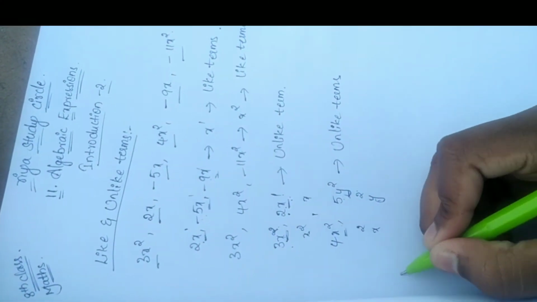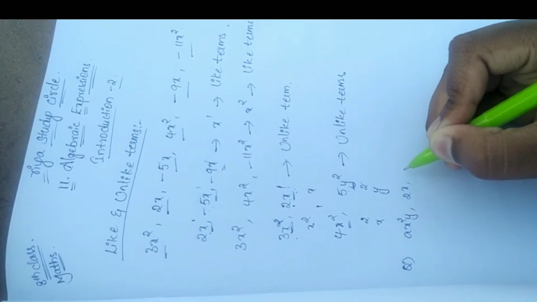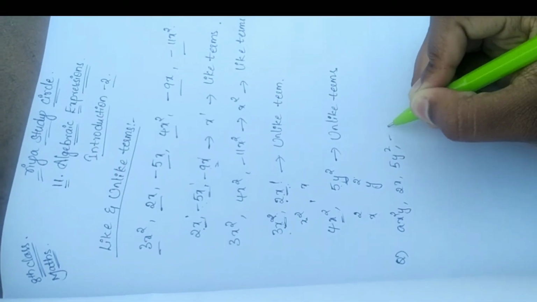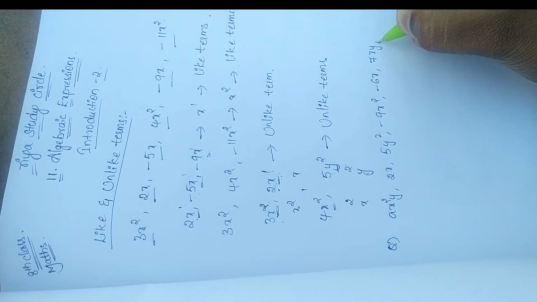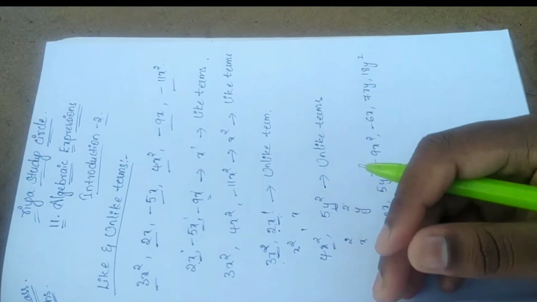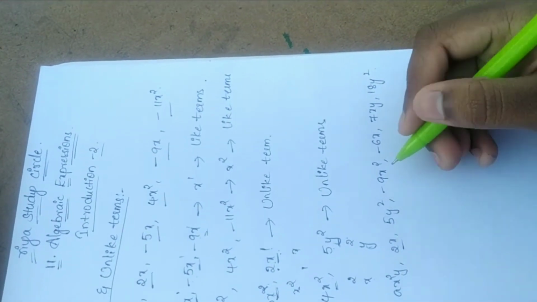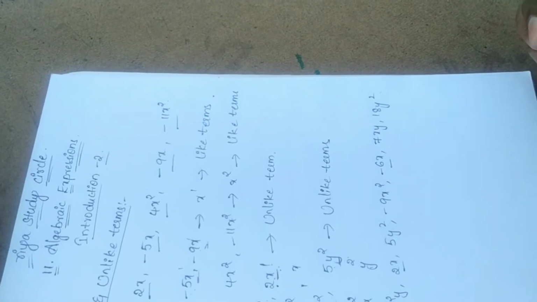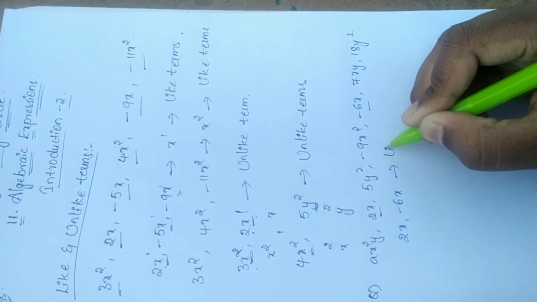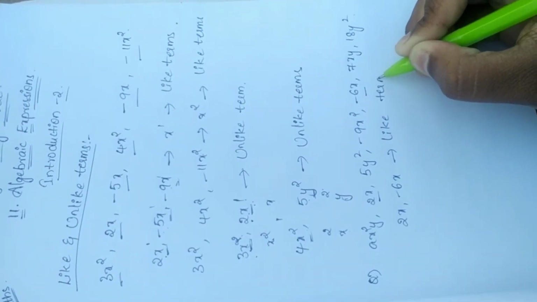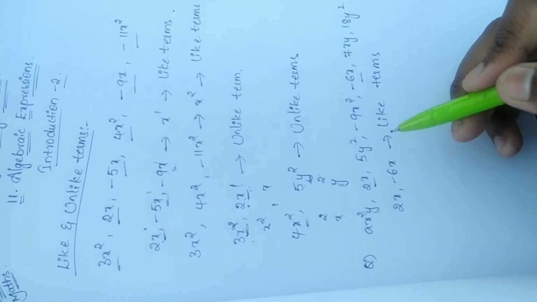If we take an example like 8x square y, 2x, 5y square, minus 9x square, minus 6x, 7xy and 18y square. Let's see what the like terms are here. 2x and minus 6x are like terms, and here x square y, no one is matching.